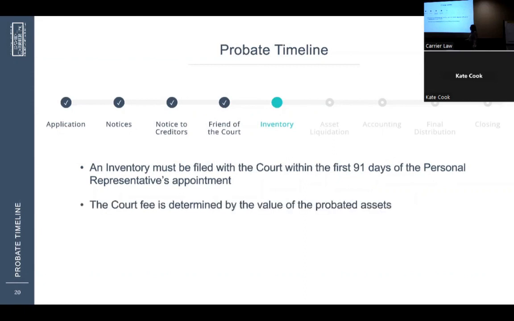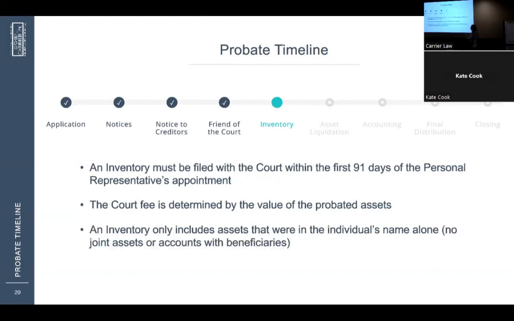The court fee is determined by the value of the probate assets. There is a calculation that they use to determine the fee, which is a percentage of the total value. If you're ever curious, you can always take a look at what's on the inventory, and most counties will have a calculator for court fees on their website.